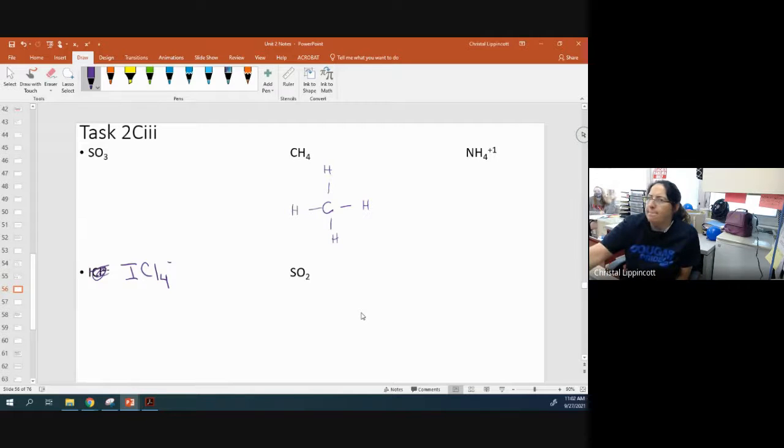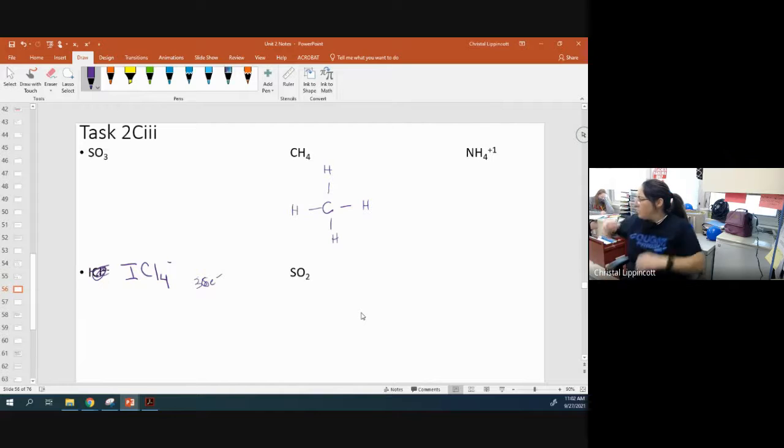The 4 is part of the Cl, so that means that we've got 4 chlorine. And then 7 times 5 is 35, plus the 1 makes it 36 electrons.